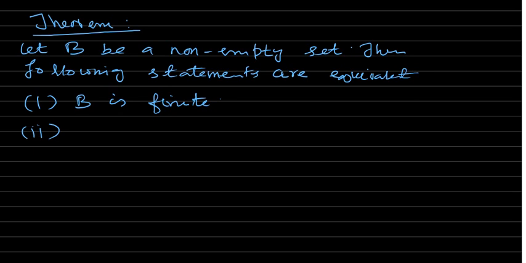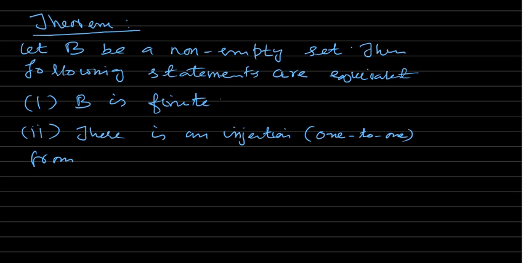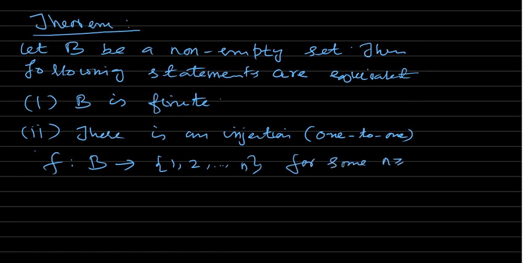Second one is there is an injection, or you can say 1 to 1 function, say f from the set B to the set of first n natural numbers for some n. तो फाइनाइट सेट के लिए आपको बाइजेक्शन की जरूरत नहीं, आप सिर्फ अगर आप 1 1 मैप ही निकालोगे ना B से लेकर सेट ऑफ सम n नेचुरल नंबर्स तक, then you can say this set is a finite set.